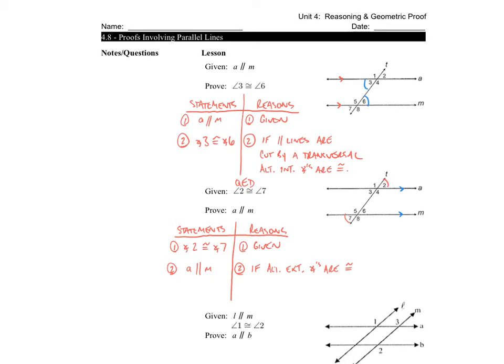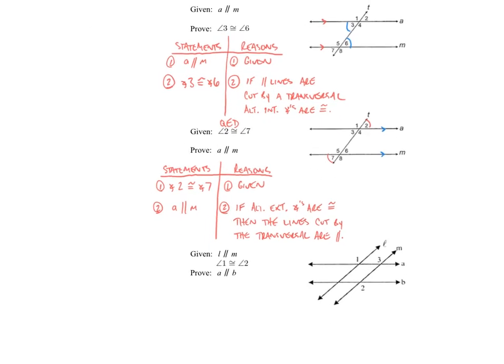So if alternate exterior angles are congruent, then the lines cut by the transversal have to be parallel. Okay, so this proof at the bottom here is going to take us just a little bit more time.